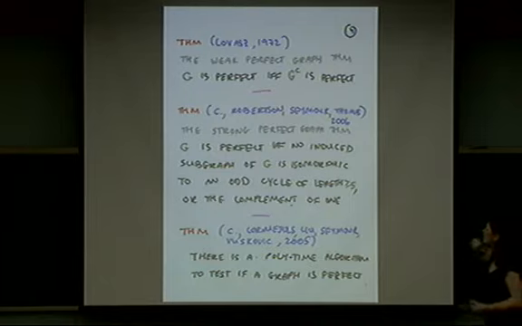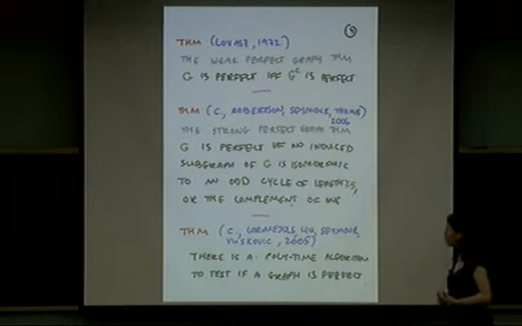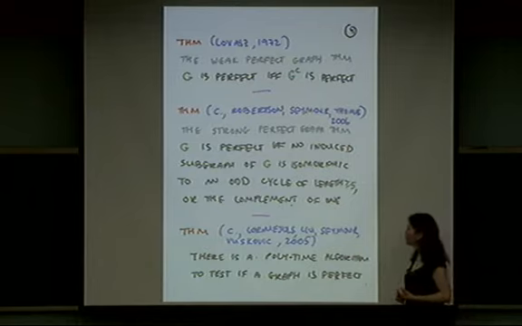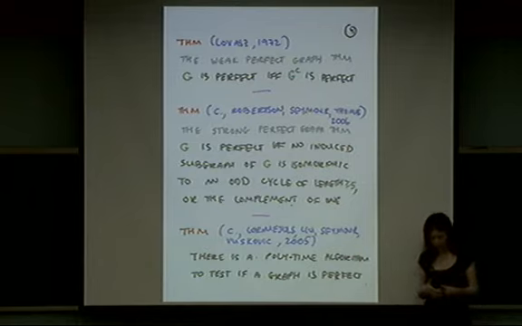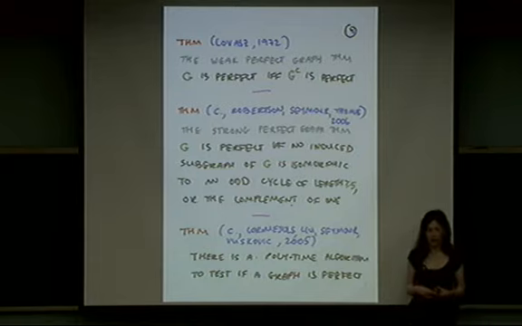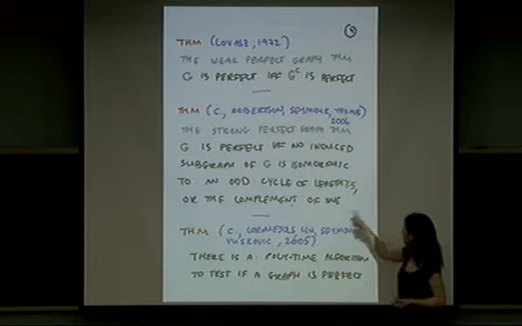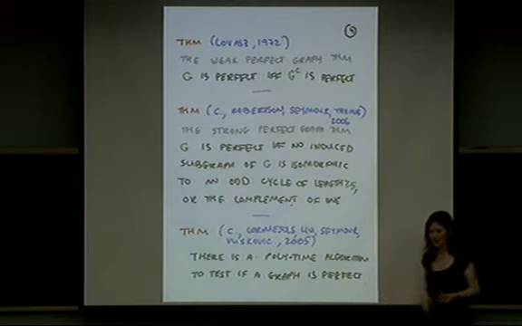Then there was the strong perfect graph conjecture, that's now the strong perfect graph theorem. What that says is that a graph is perfect if and only if certain induced subgraphs are not present. So what induced subgraphs? Cycles of odd length at least 5 and complements of cycles of odd length at least 5. All right?